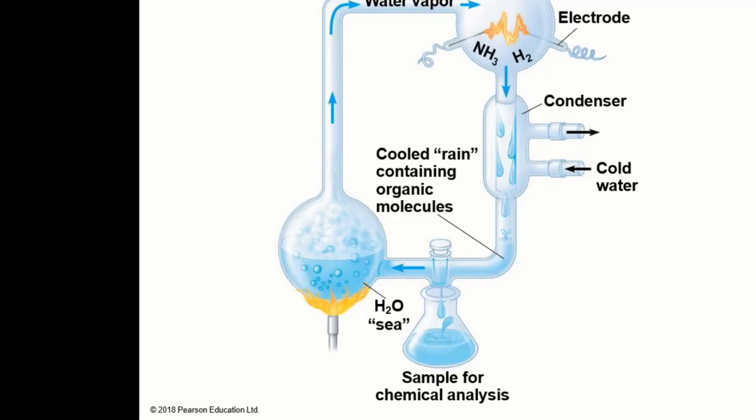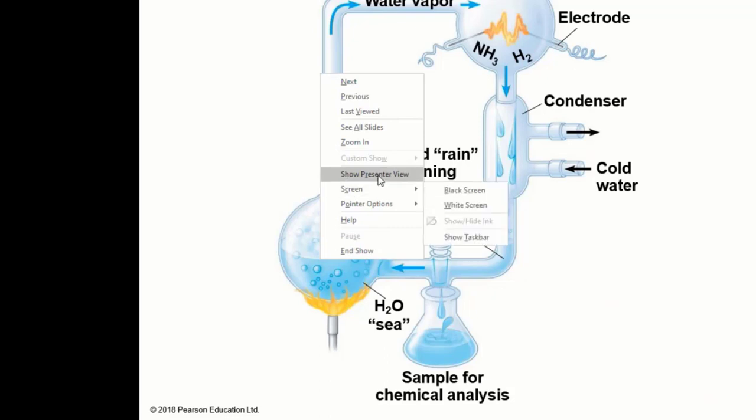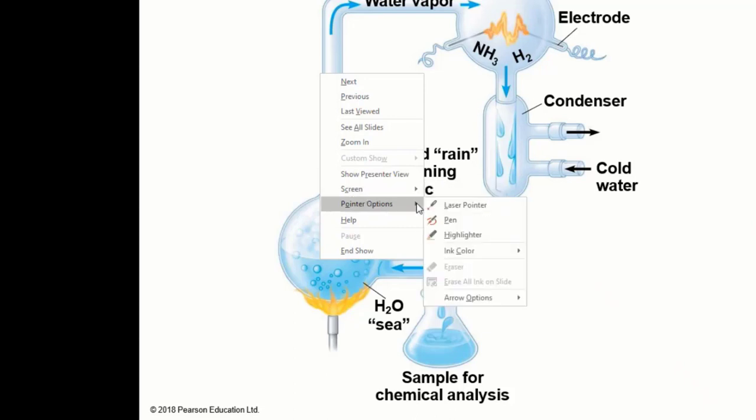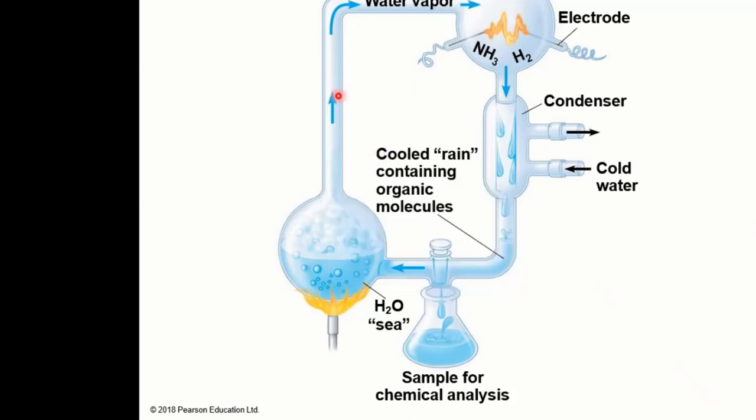The diagram you will find very common in most cases is this diagram showing the sample for chemical analysis. This arrow shows the flow.